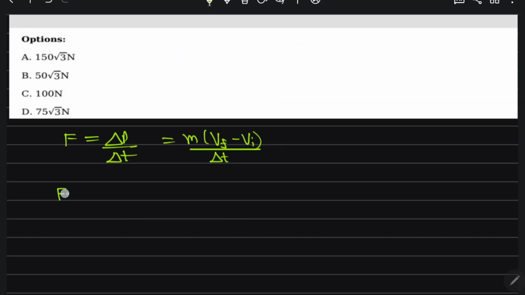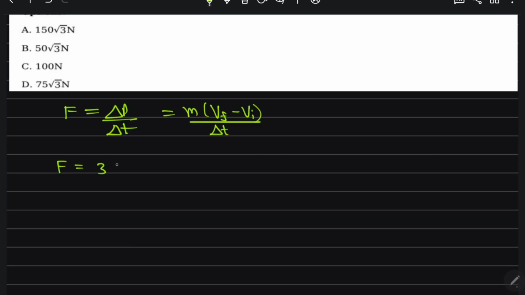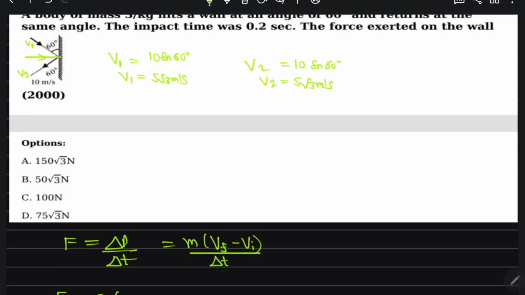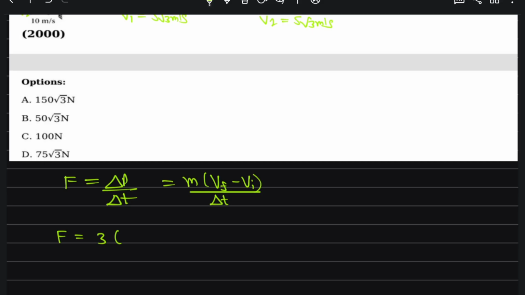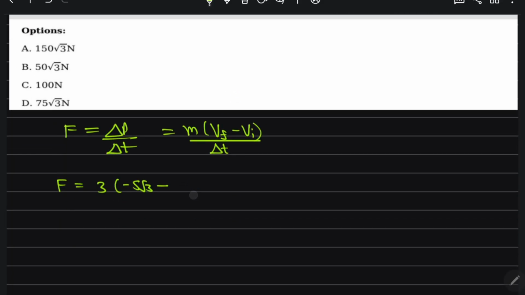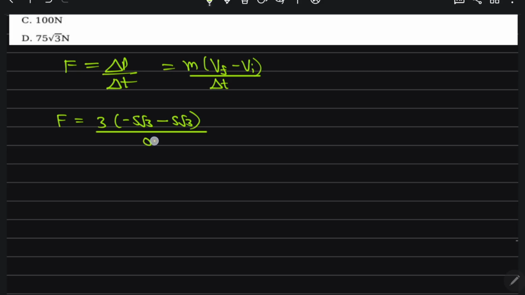So here force is basically m, 3 into v final, means they are going in negative direction. So here I take minus 5 root 3 minus v initial, that is 5 root 3, divided by time interval, that is 0.2 seconds. So this comes out to be 3 into minus 10 root 3 by 0.2.